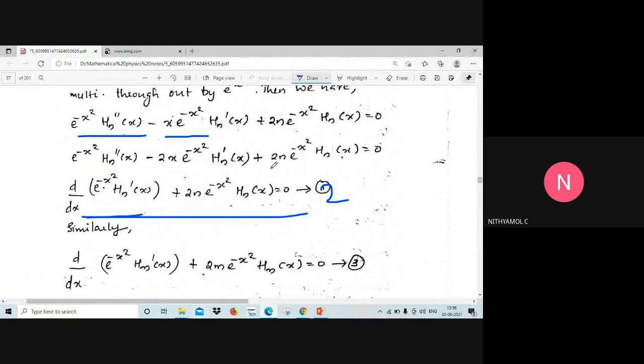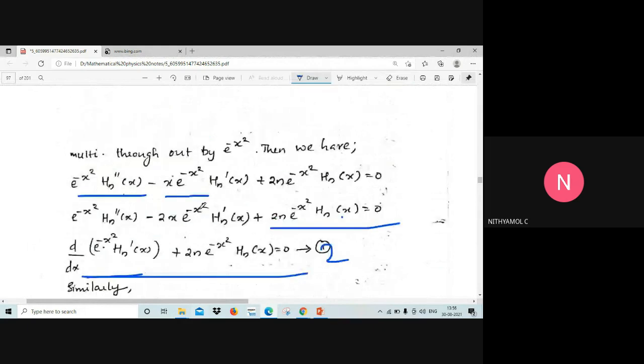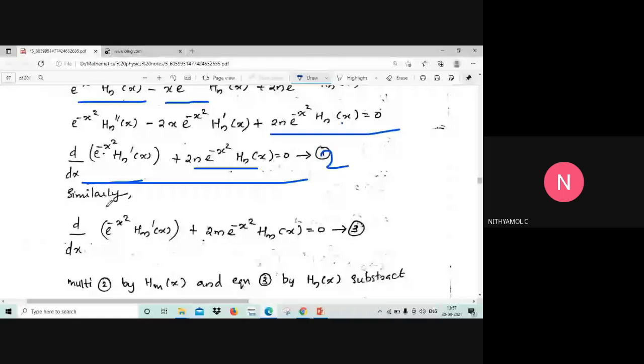That is equation number 2. Similarly, we can write d by dx of e raised to minus x square hm prime x plus 2m e raised to minus x square hm x equal to 0, that is equation number 3.